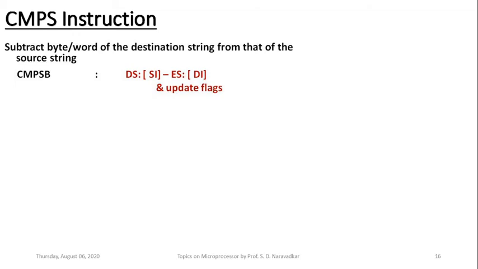Once again, just like scan string, here also we are carefully observing the setting of the zero flag. Because whenever we compare two equal bytes in compare string byte, then and only then at that position we get the zero flag set to 1 because of this particular operation which is stated on the right side.